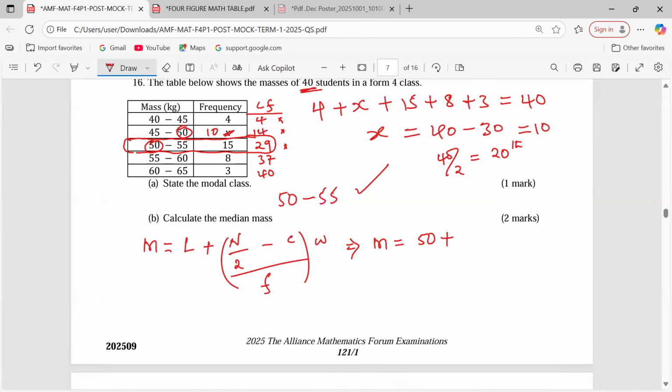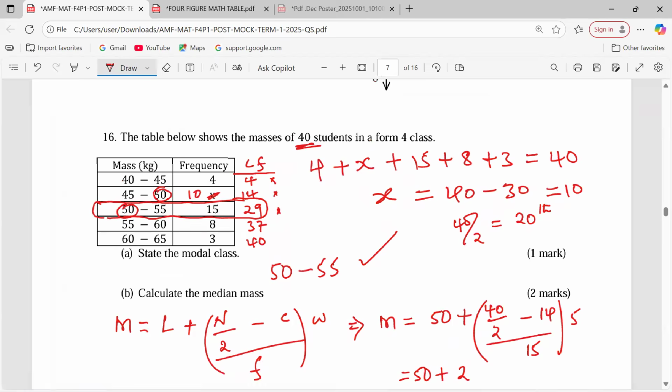When you look at the data keenly, you discover that this is continuous data, and with continuous data, the limits are also the boundaries. n over 2 means 40 over 2, minus the cumulative frequency just before the median class, which is 14, out of the frequency of the class, which is 15, multiplied by the class length, which is 5. 50 plus 20 minus 14 multiplied by 5 over 15, giving us exactly 2. So we have a median of 2.